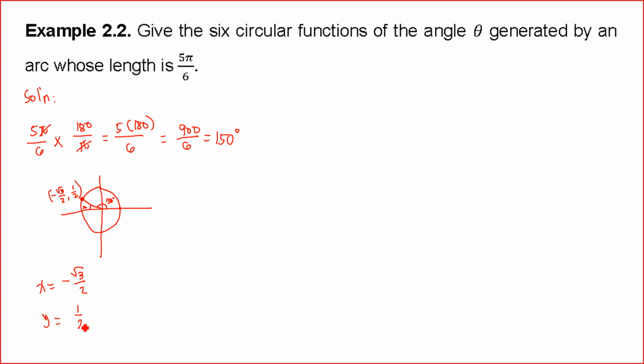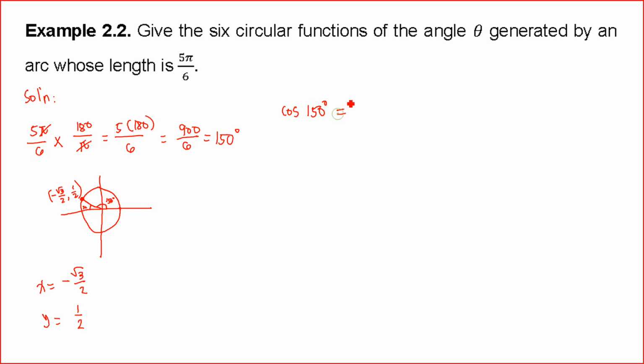Now from this point, we can generate the six circular functions. If you have scientific calculators, you can use them to verify if the answer is correct. Now, we have cosine theta, but instead of theta, we can have cosine 150 degrees.